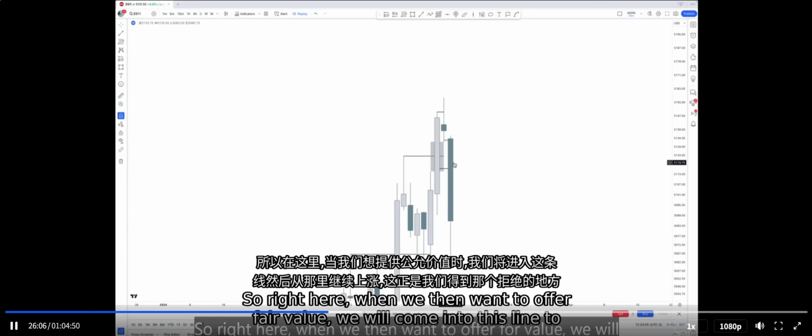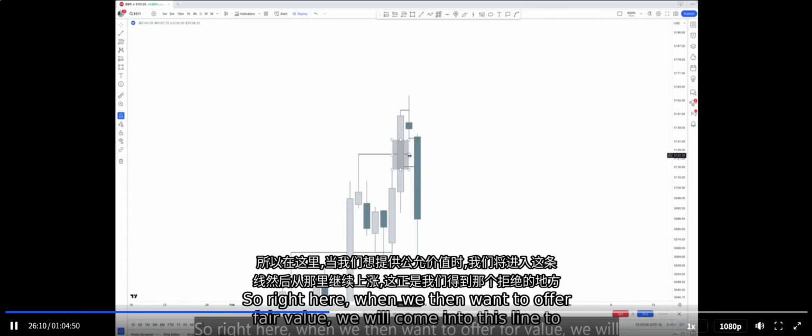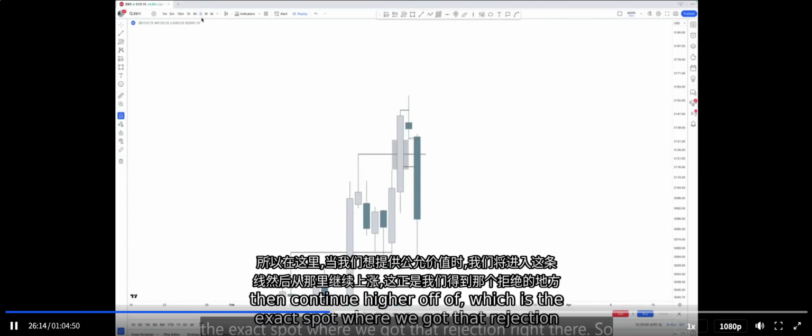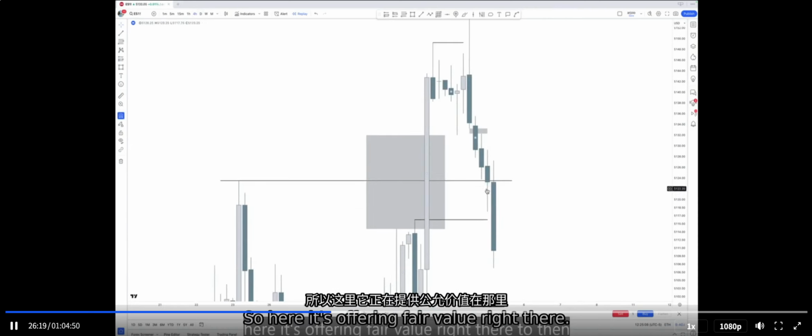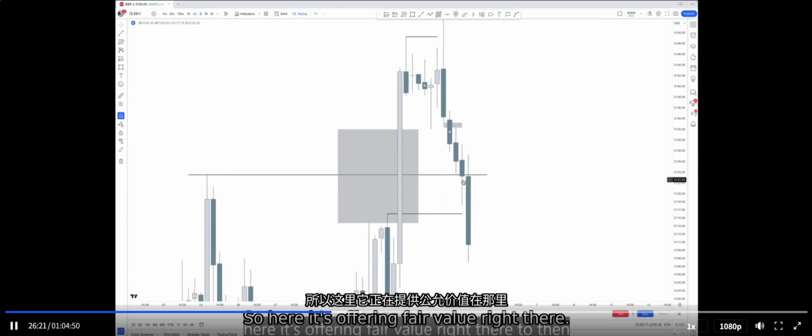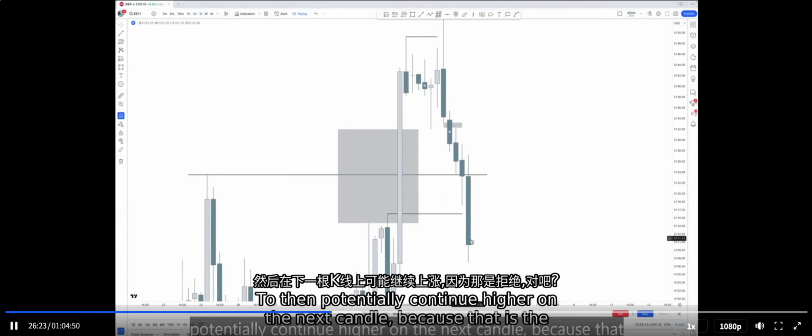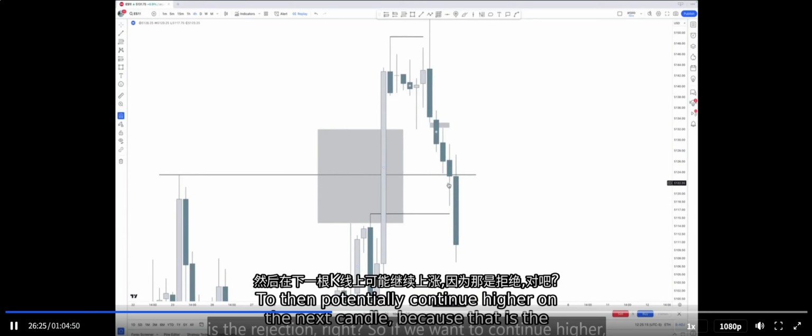So right here, when we want to offer fair value, we will come into this line to then continue higher off of, which is the exact spot where we got that rejection. So here it's offering fair value to then potentially continue higher on the next candle, because that is the rejection, right?